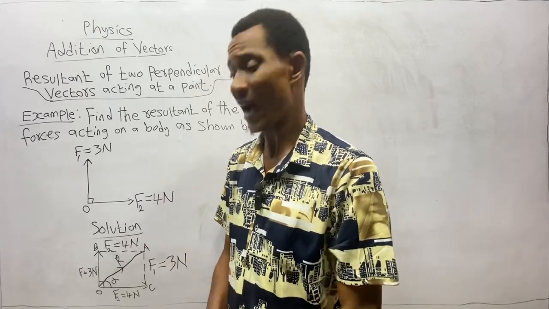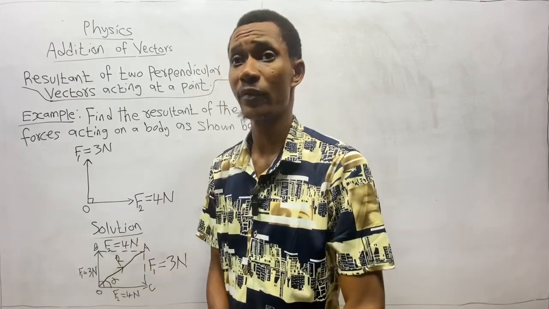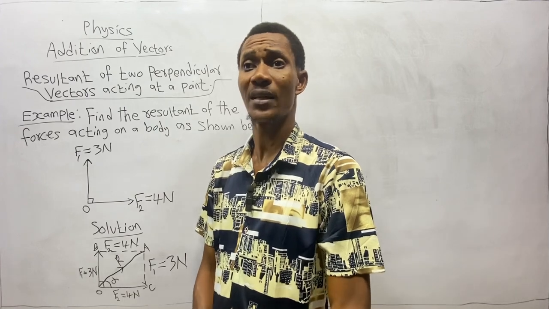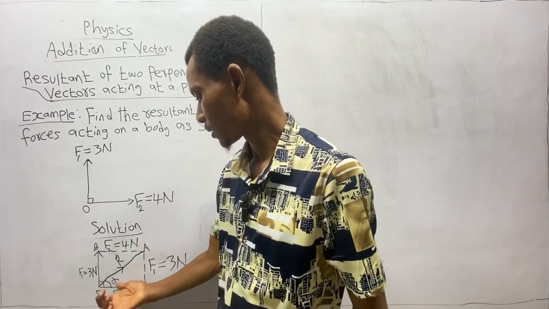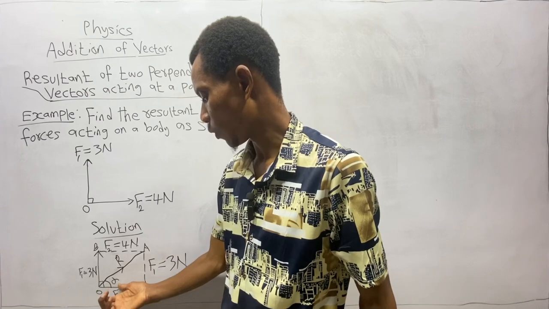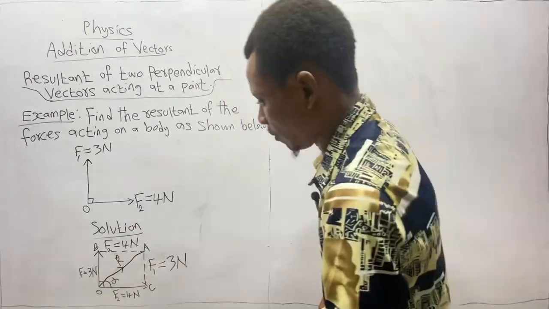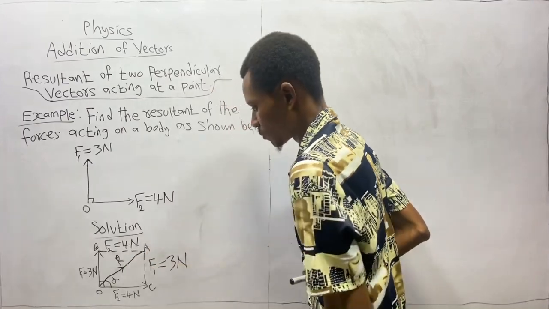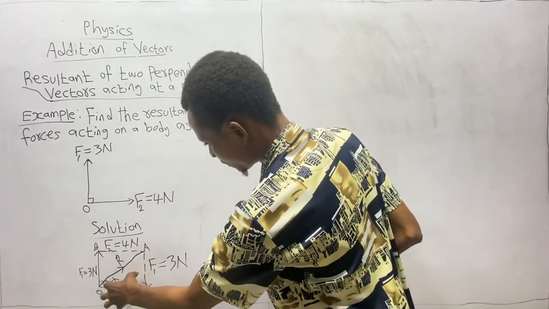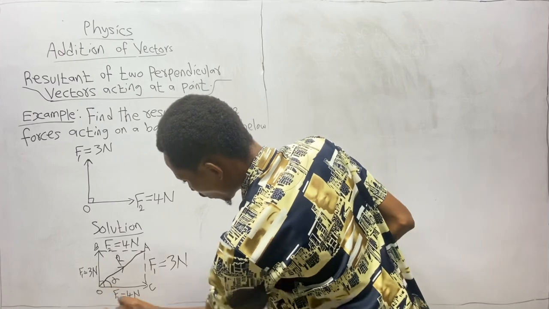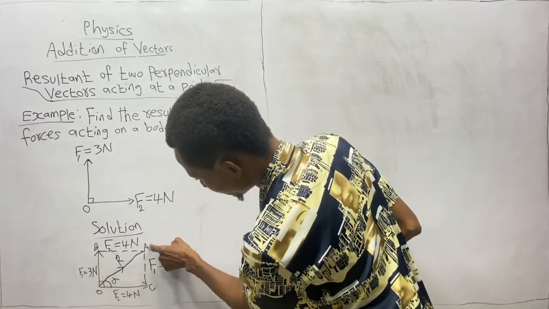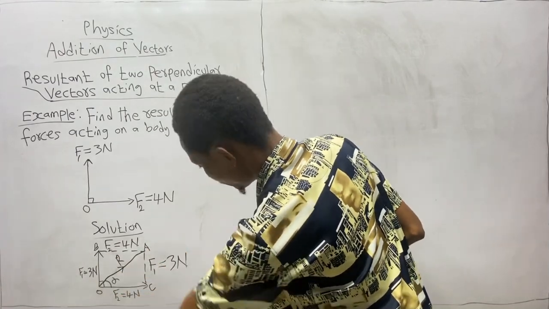The question now is, how do we get this arrow, which stands for the magnitude of the resultant vector, and how do we get this alpha, which stands for the direction of the resultant vector? For us to get the arrow, we must bring out this right angle triangle OCA from this parallelogram.